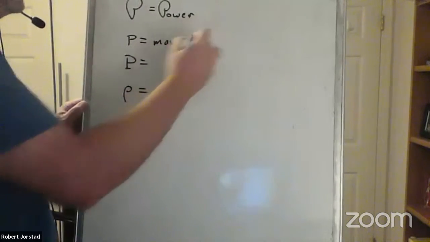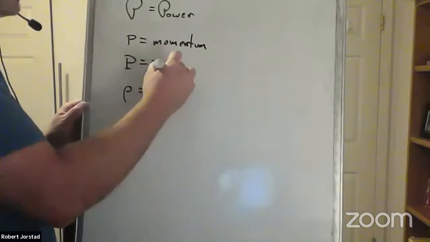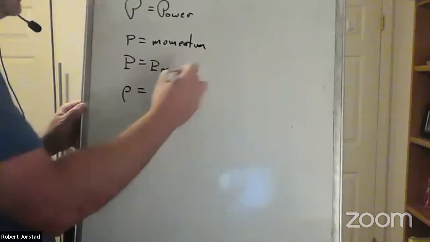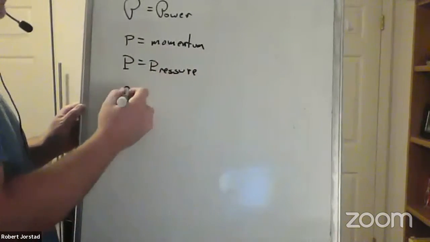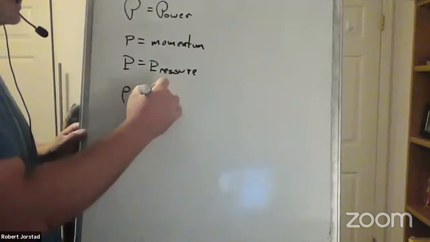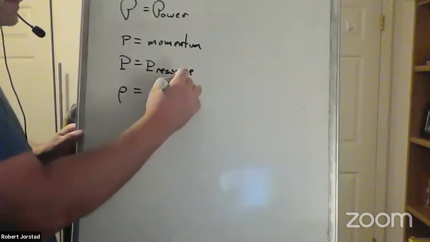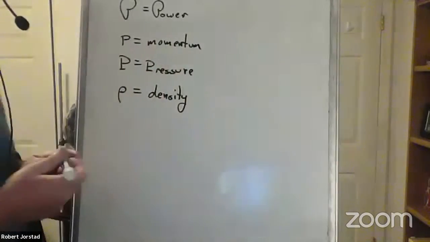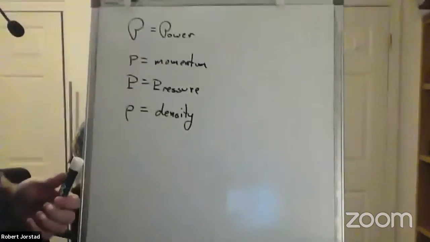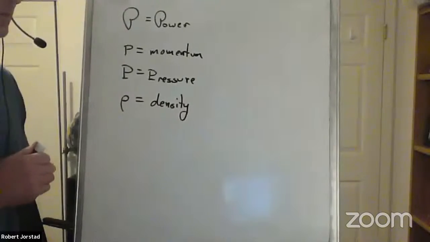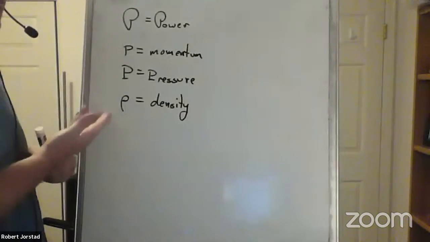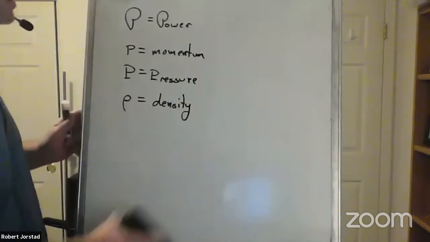This is pressure, that's chapter 14, and density will probably focus on it mainly in chapter 14 as well. But density is sprinkled throughout all the chapters. So those are kind of our basic letter P's that we have to work with. And so we're going to talk about these more later in some other chapters.